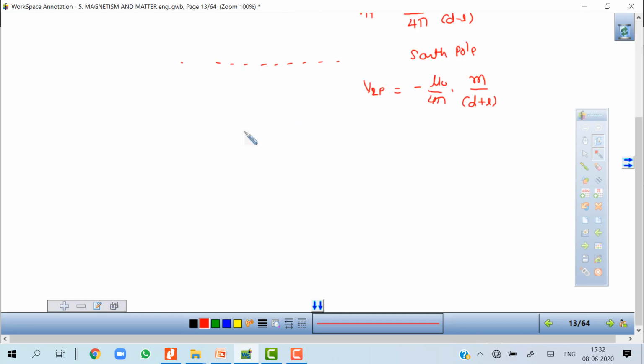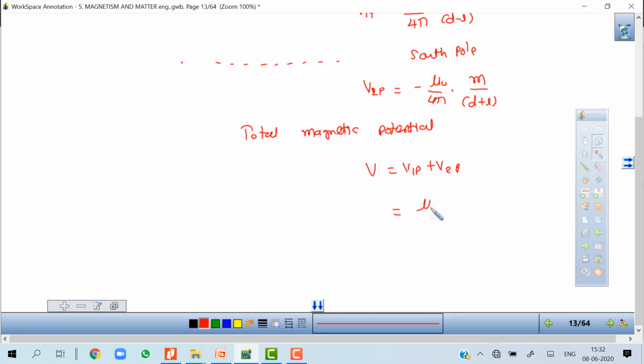So the total magnetic potential V is equal to V1P plus V2P.